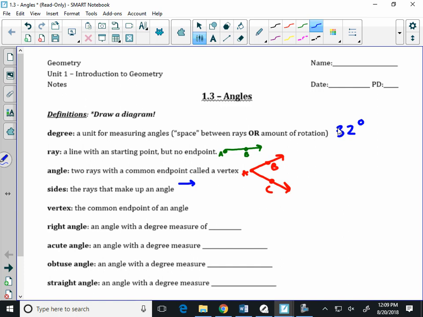Rays, the order does matter. AB here is one of our rays in this angle. To name this, we have to start at the endpoint. So A has to be where the endpoint is of your mini ray, and then B goes next. So that's one side of that angle.